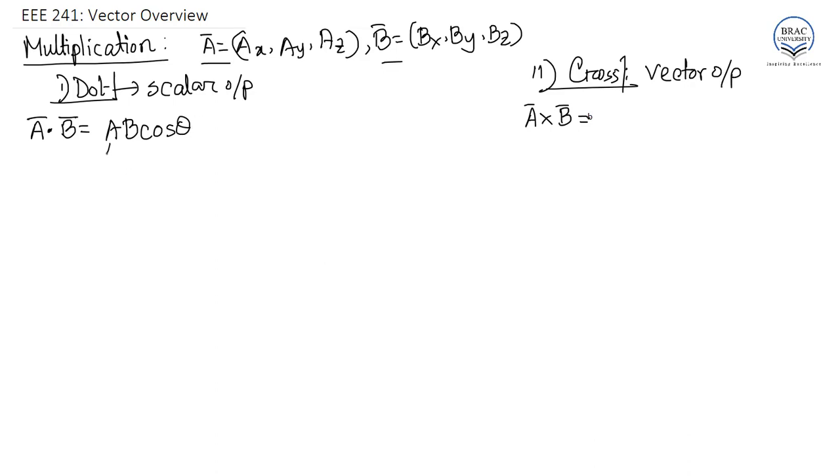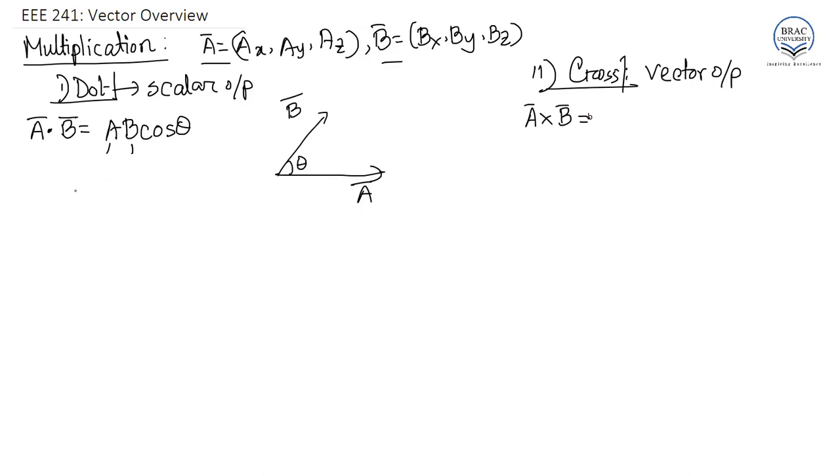So A means the magnitude of A, B means the magnitude of B, and theta means the inclination angle between those two. Say, for example, this is A vector and this is B vector, right? So theta is the angle of inclination between them.